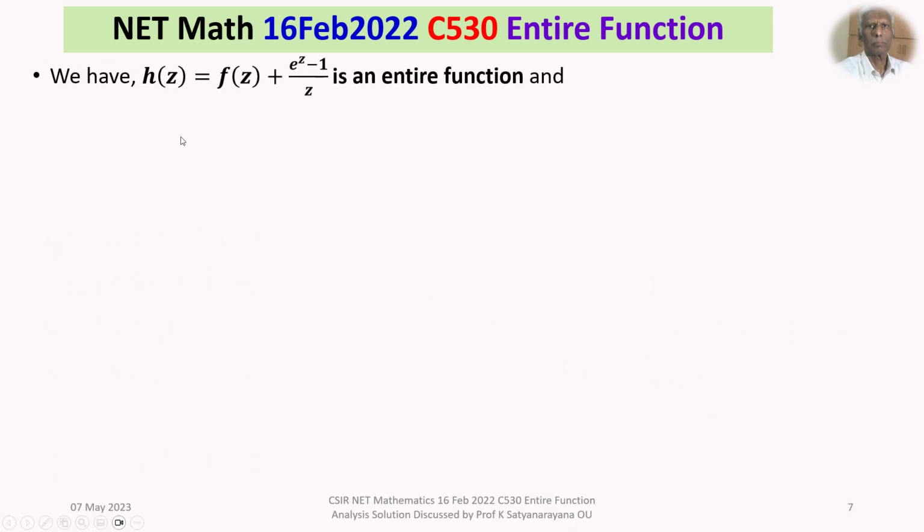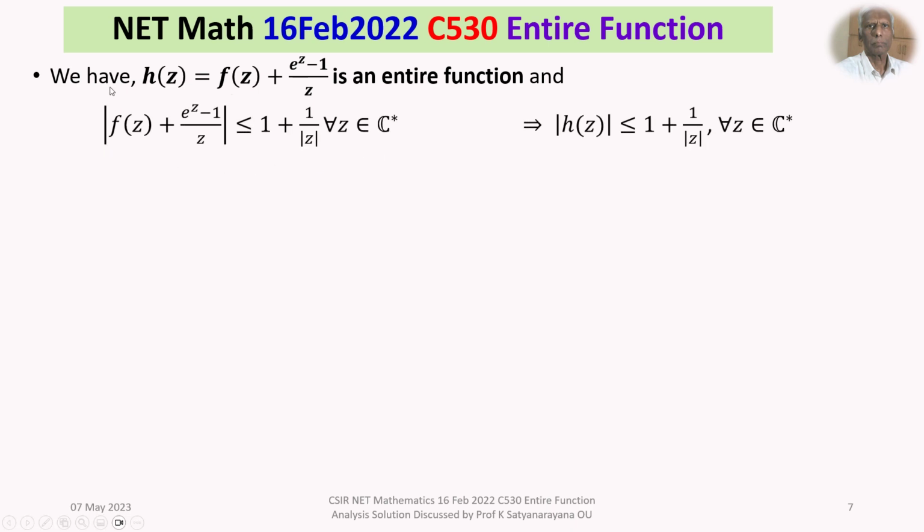We have h of z is equal to f of z plus (e power z minus 1) by z is an entire function, and we are given f of z is an entire function. Now, we are given mod of f of z plus (e power z minus 1) by z less than or equal to 1 plus 1 by mod z for all z belong to C star.